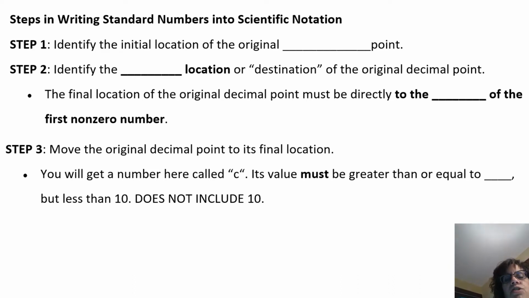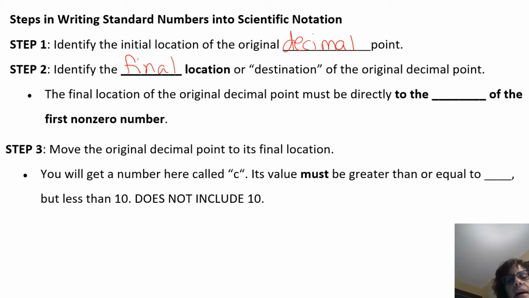Step 1 is you need to identify the initial location of the original decimal point. We're going to focus on decimal points. Then you're going to identify the final location where you're going to put that decimal point, known as the destination.